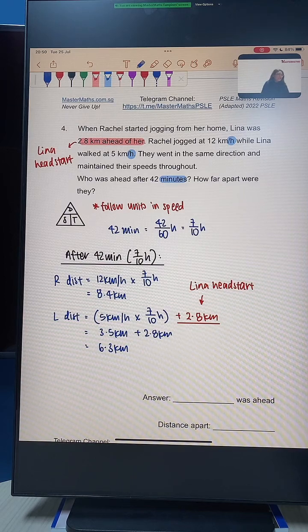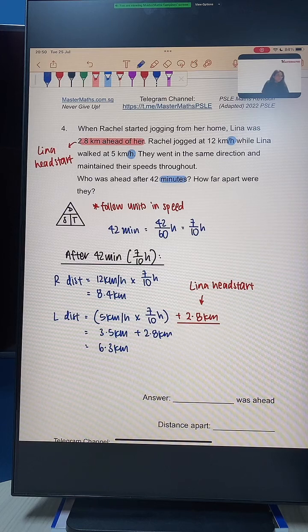Who was ahead? Okay, I'm going to go a little bit slower. So based on this, who was ahead? Rachel or Lina? Rachel traveled 8.4 kilometers, but Lina only traveled 6.3 kilometers. So who's ahead?